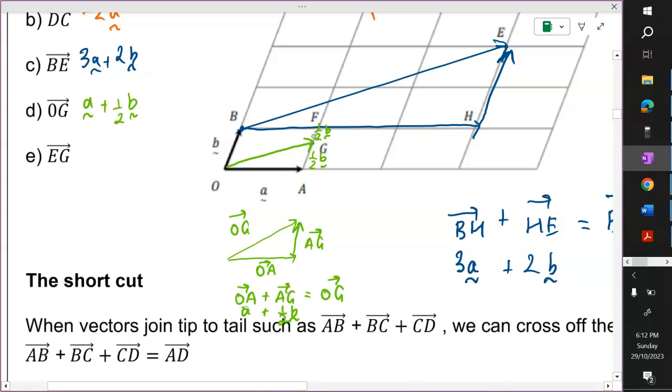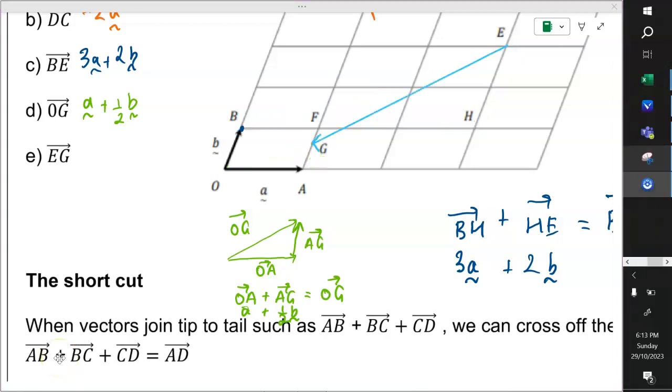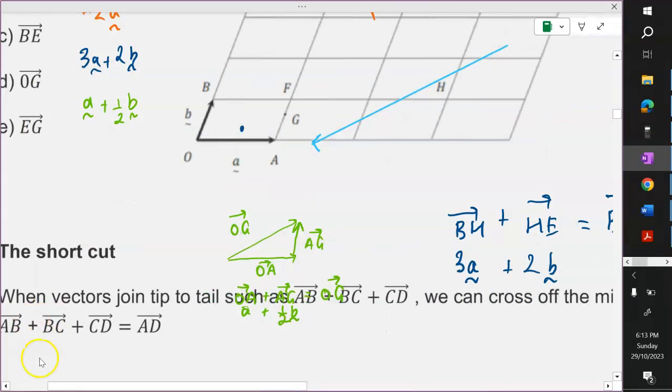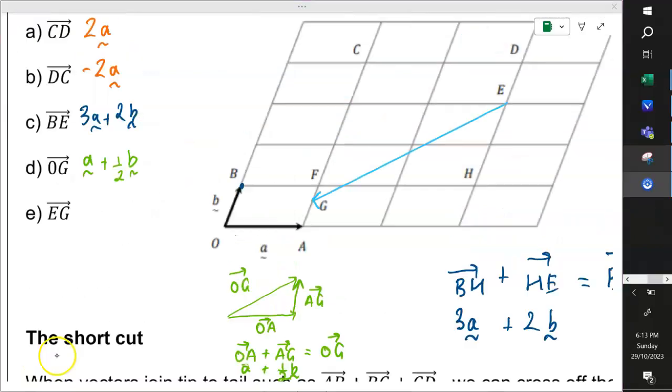We're nearly there. We now need EG. Okay, so EG goes in the other direction. Oops, I'll just fix that up. So EG is going the other way. Generally our vector's going this way, we're going the other way. So maybe it's a negative vector. We need to have a think about how we could get that as our vector.